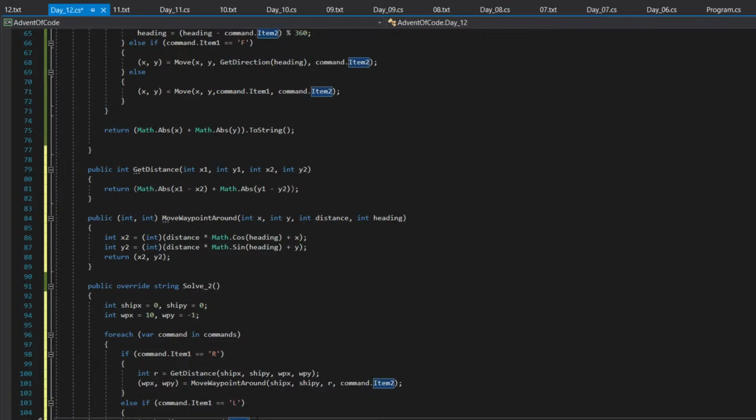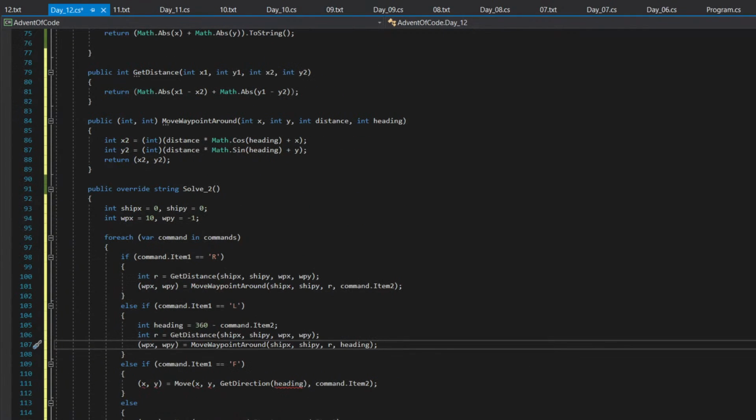We're going to say the heading is 360 minus item 2, right? So if they gave us left 90, they wanted us to turn counterclockwise 90 degrees, it would be 360 minus 90, which is 270, which would send us north. Heading.